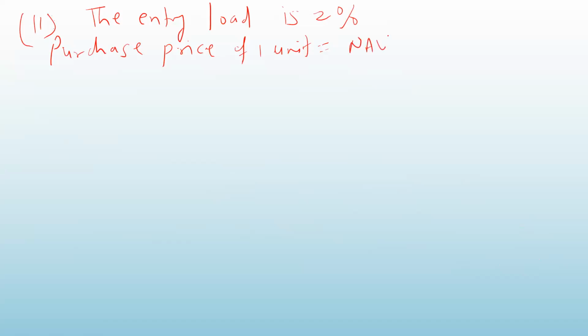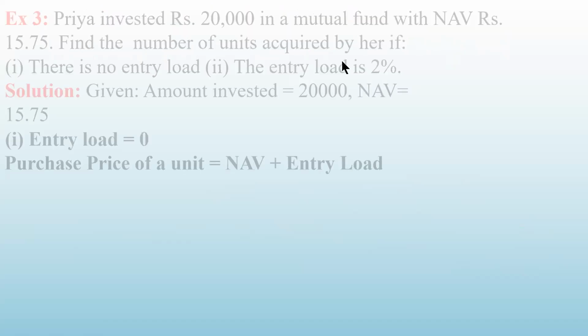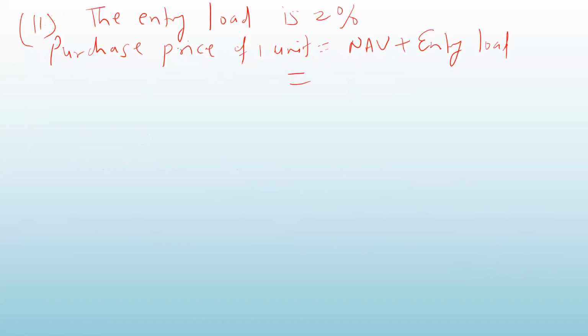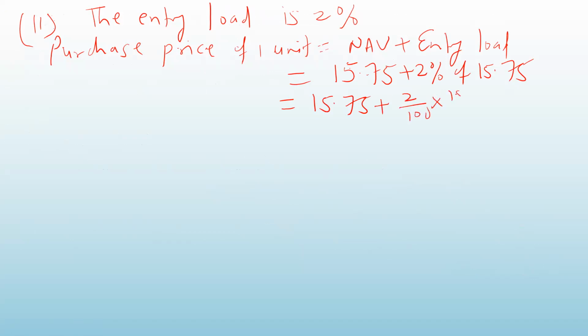It is NAV plus entry load. What is the NAV? It is given to you as 15.75. Plus entry load is 2%. So 2% of 15.75. Calculate that. So it is 15.75 plus 2% is 2 upon 100 into 15.75.